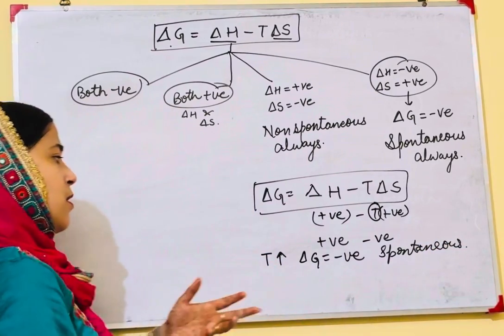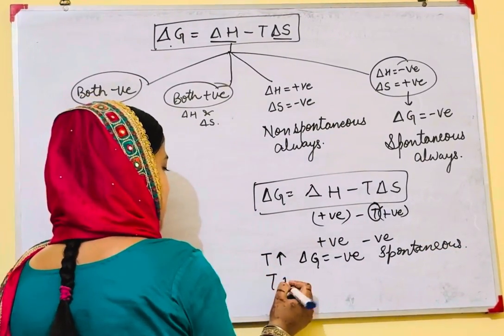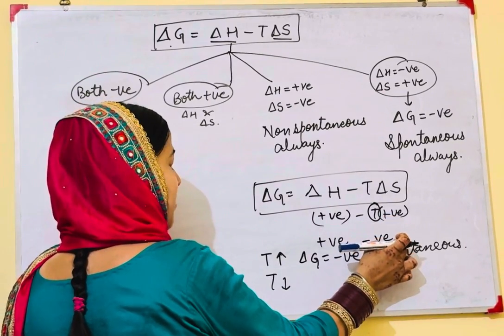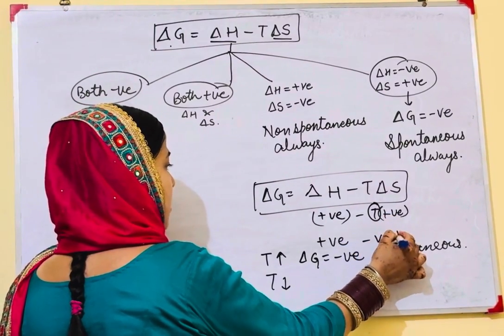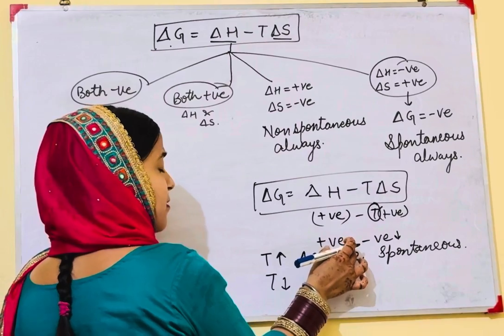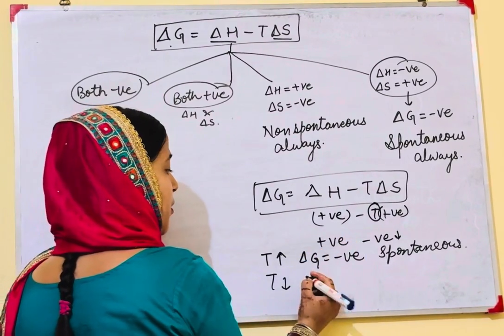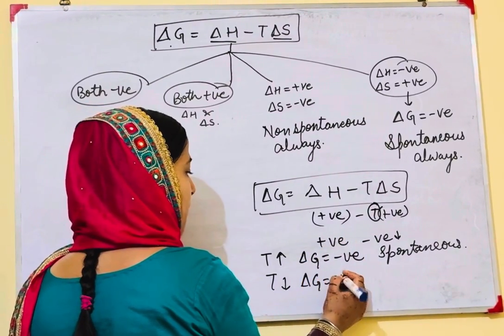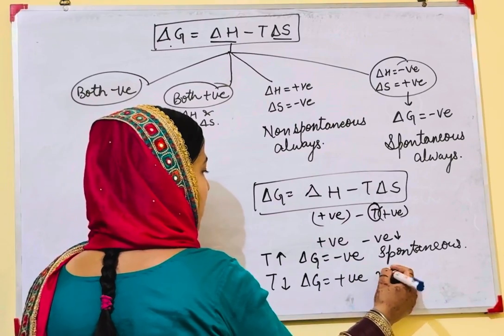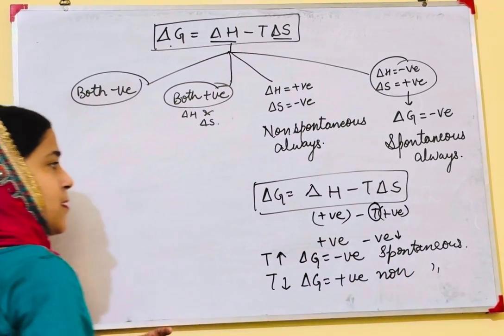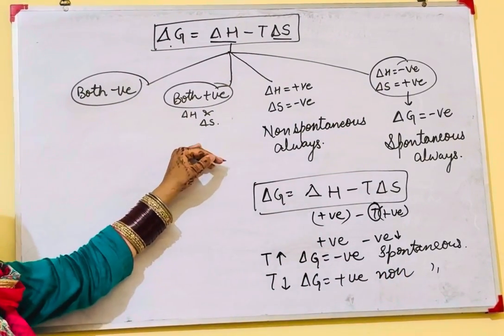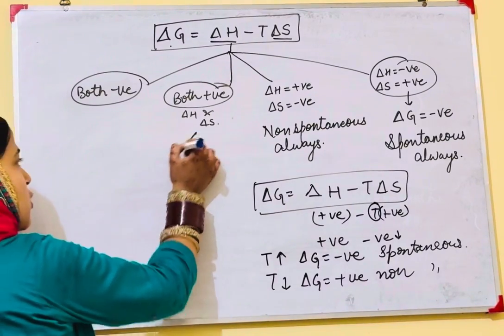In reverse, if temperature is less, then this negative value is less. If this negative value is less, then the positive value will be more. So delta G will become positive and the reaction will become non-spontaneous. So this case has two possibilities.